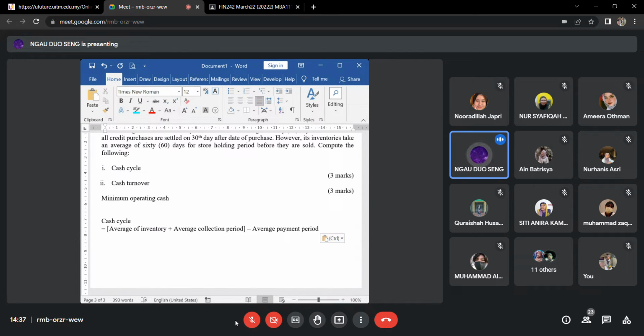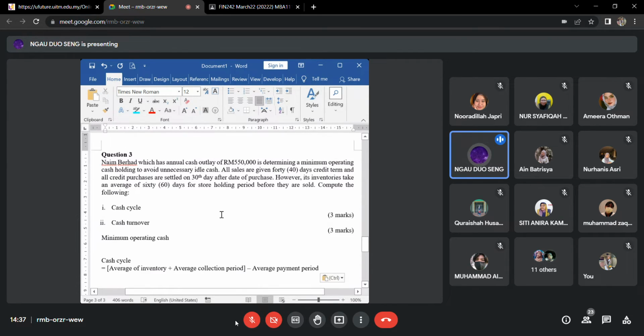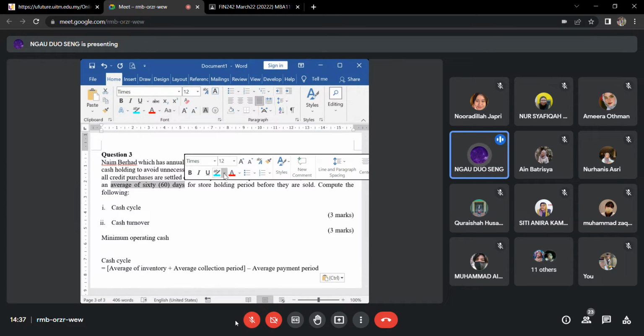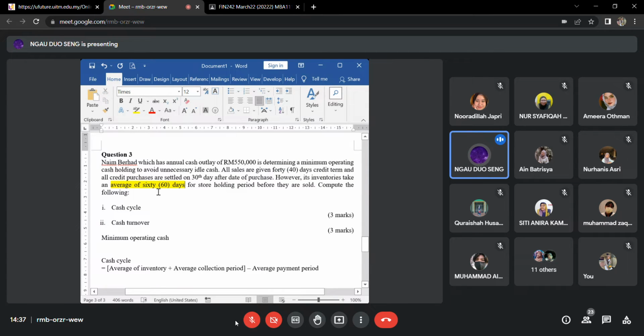So in this one, we check the average of inventory. Are there any mention? You can see here, however, inventory takes an average of 60 days. So this one we can straight away take, they already gave it. So the average of inventory is 60 days. So we just put 60 plus.